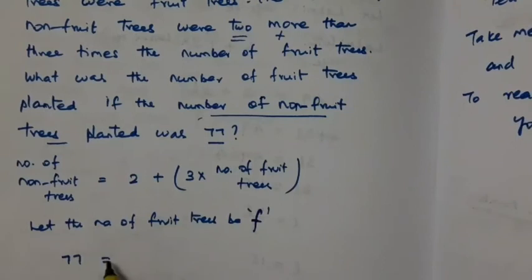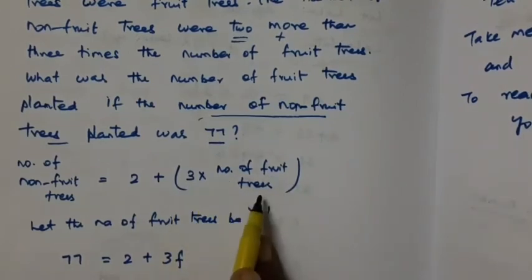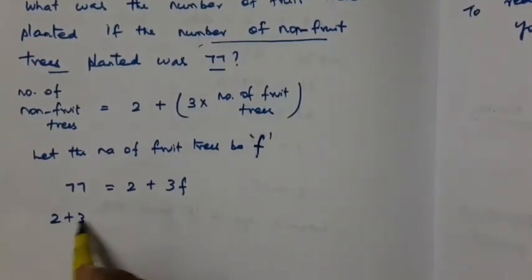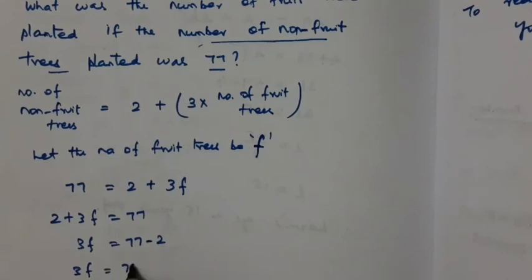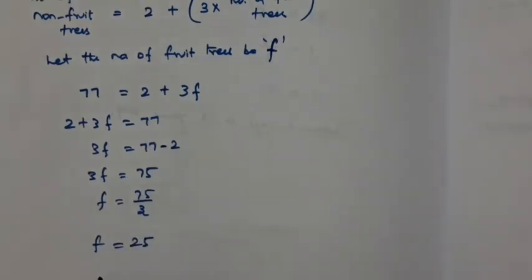So 77 equals 2 plus 3F, where 3 is multiplied by the number of fruit trees F. So 2 plus 3F equals 77. 3F equals 77 minus 2, so 3F equals 75. F equals 75 divided by 3. Therefore, the number of fruit trees is 25.